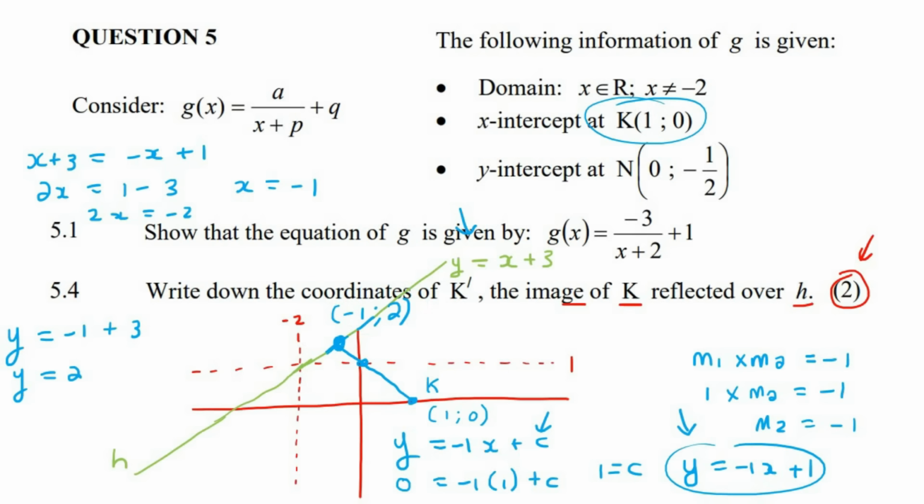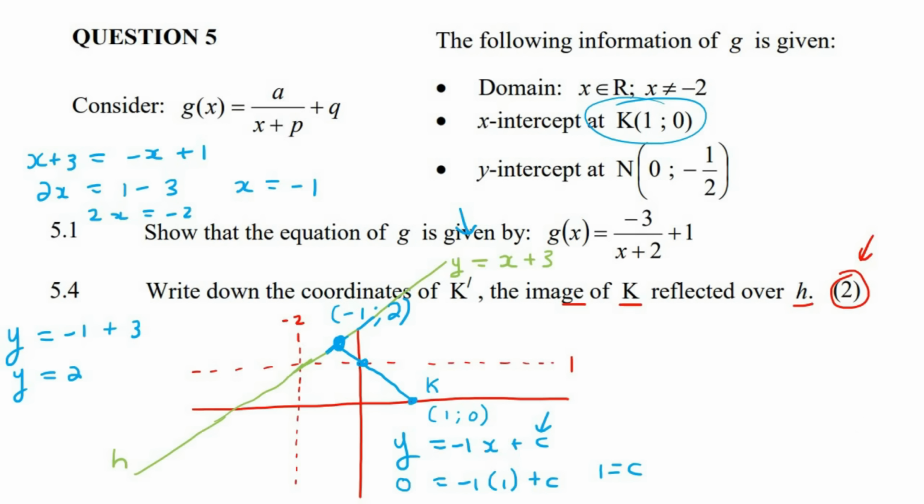So we could use the midpoint theorem now in reverse. Because if you think about it, we're trying to find this coordinate over here, which is called k prime. But we know that it's going to have an x and a y. Now, if you look from here to here, this is the midpoint.